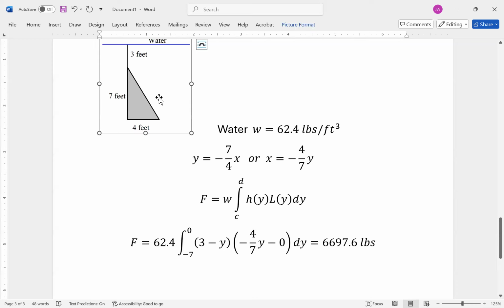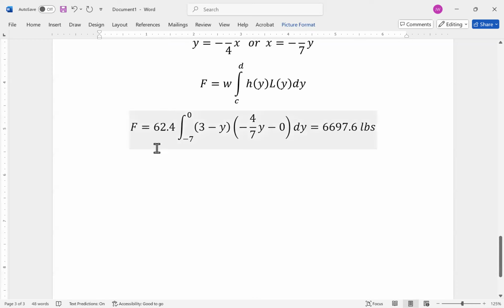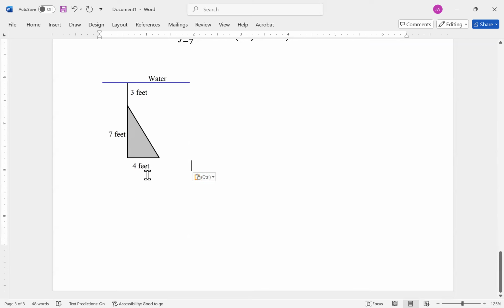Now, some other person may have put the origin at another spot. You could imagine somebody putting the origin down here, and that would have been fine as well.